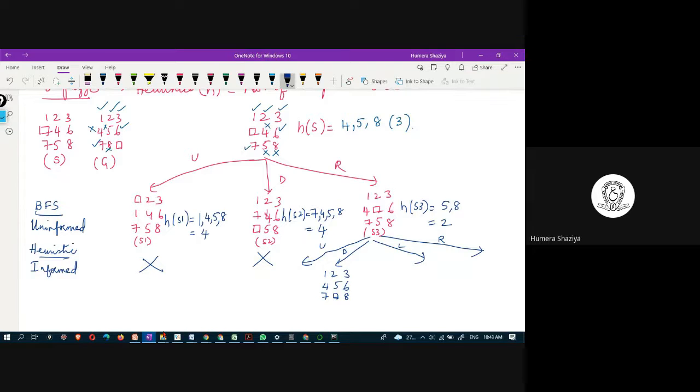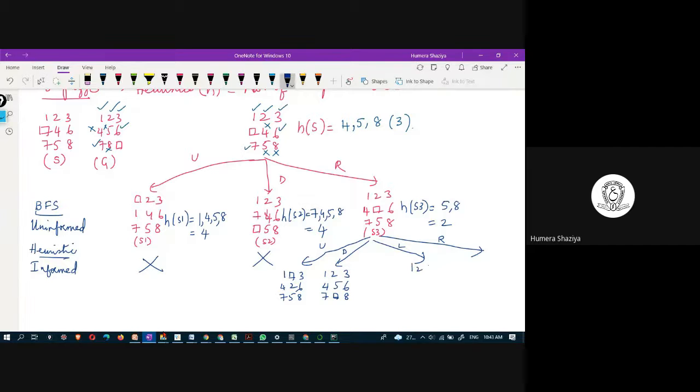Students, please tell me quickly for up. Any one of you? If we move this empty tile upwards, what happens? What do we get? 1, empty, 3, 4, 2, 6, 7, 5, 8.